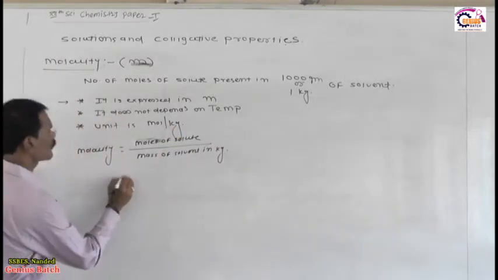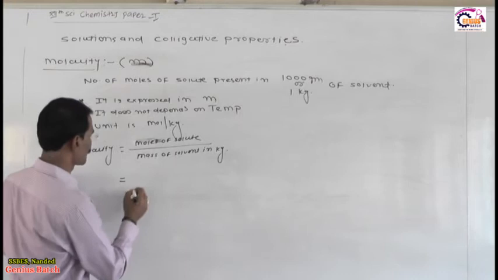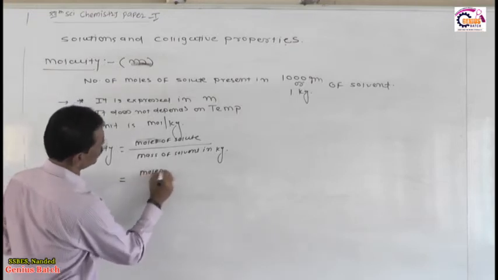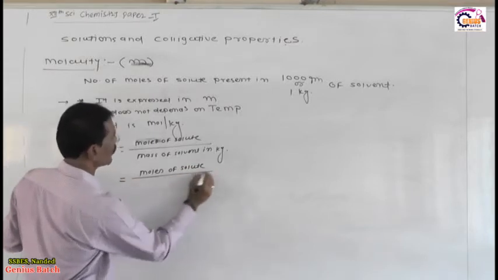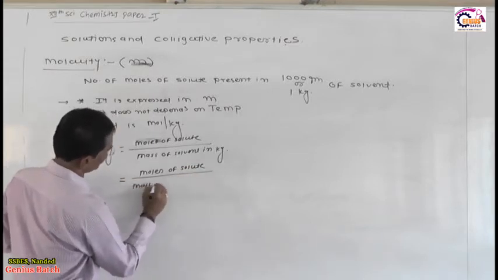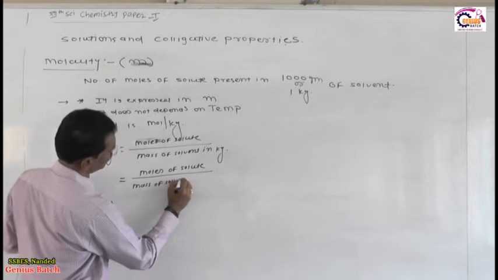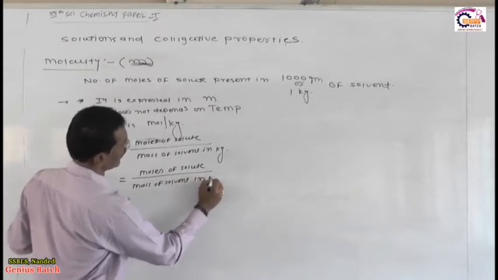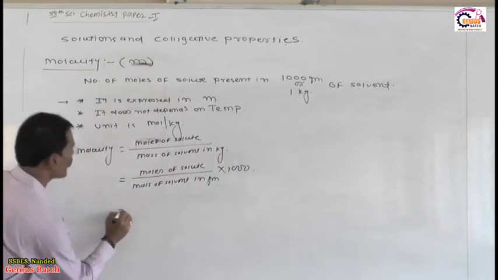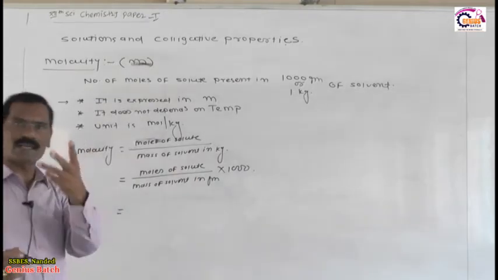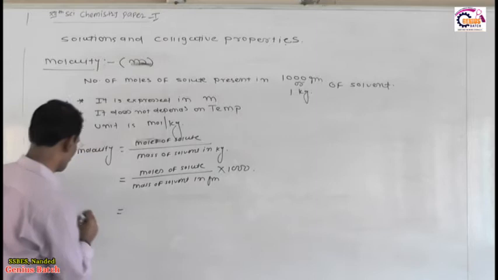But you know very well how to calculate the moles of solute. The same thing happens here: moles of solute divided by mass of solvent in gram into 1000. And you know the formula for moles of solute, because it is mass divided by molar mass, the same formula.